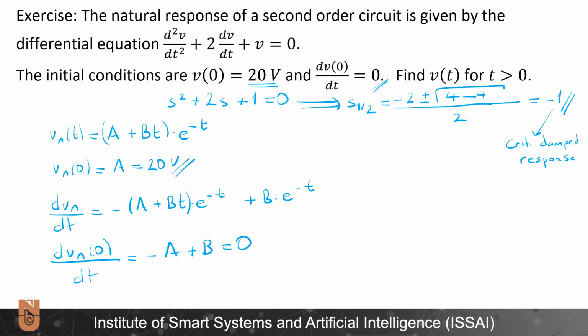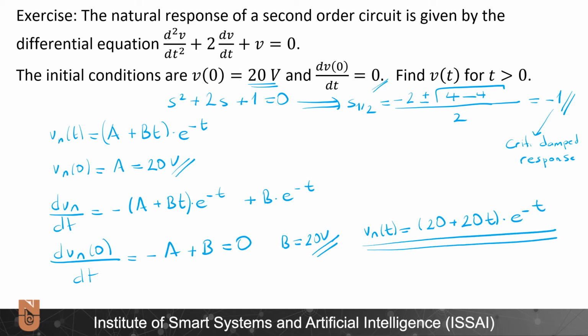Since I know A is equal to 20, I can write B is equal to 20 volts as well. And accordingly, my natural response for this circuit becomes (20 plus 20t) times e to the minus t, and I conclude the solution of my problem.